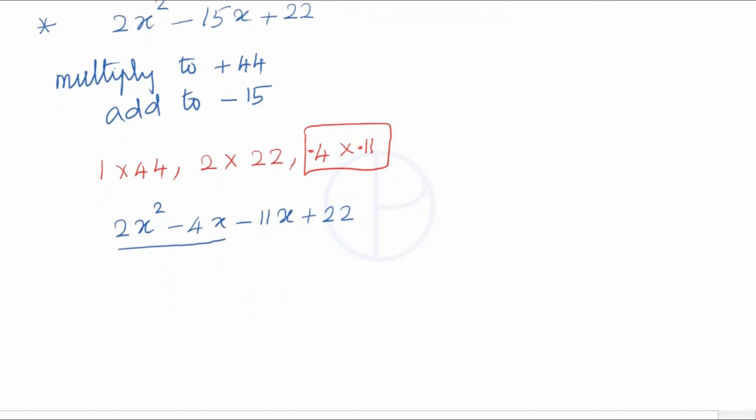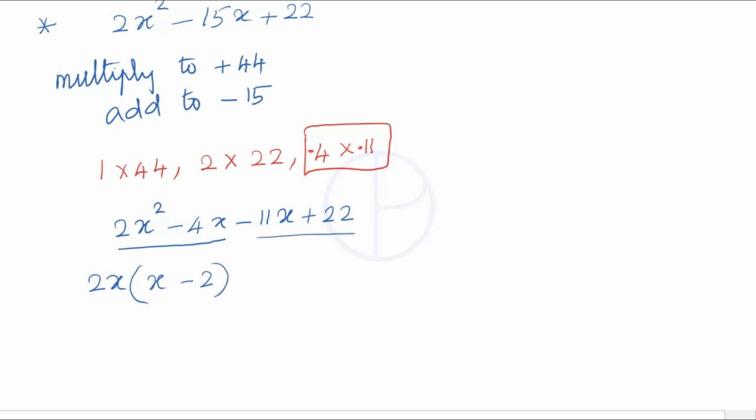Let's group the first two terms. So here we have number as well as the variable as common. For 2 and 4, the HCF is 2. And we have x also. So take 2x commonly. So x minus 2.